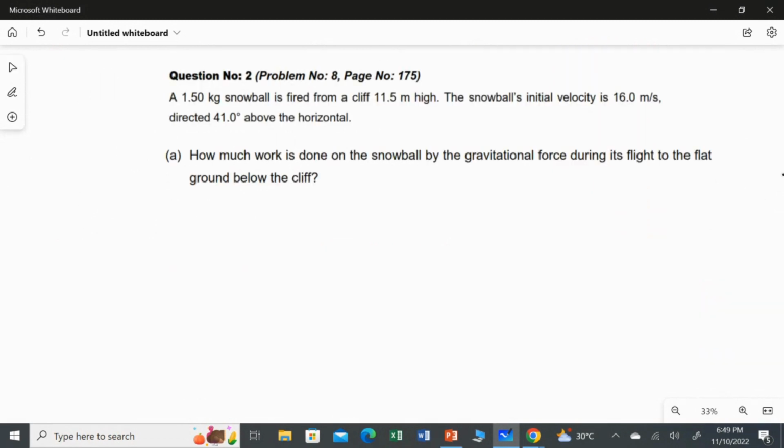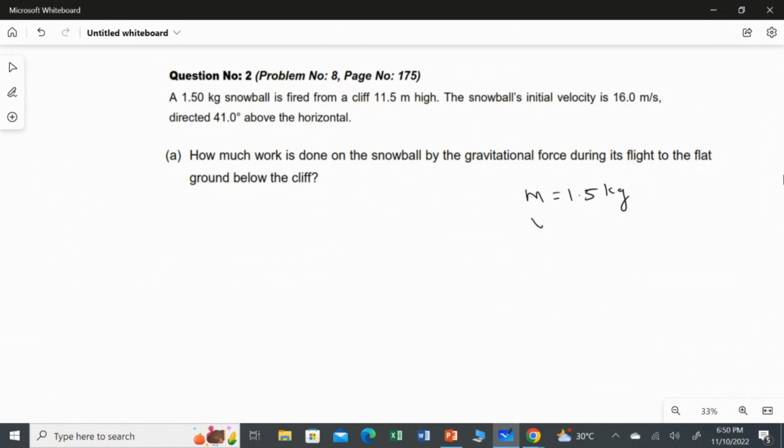Second question. A 1.5 kilogram snowball is fired from a cliff 11.5 meter high. So you are firing the snowball and the mass of the snowball is mentioned as 1.5 kilogram. Clear? And we are firing from a height of 11.5 meters.